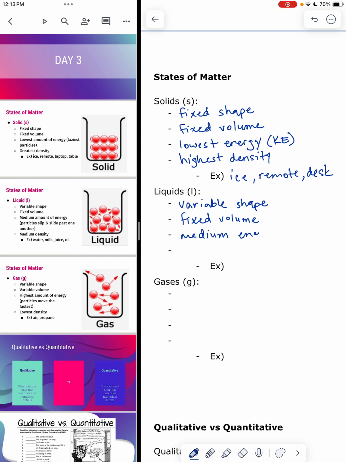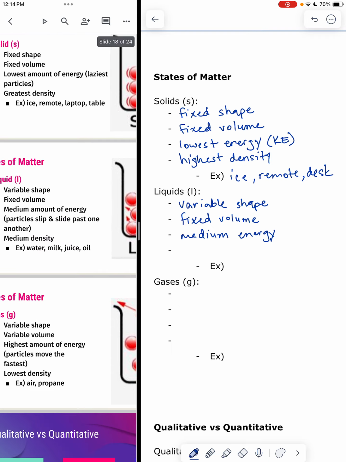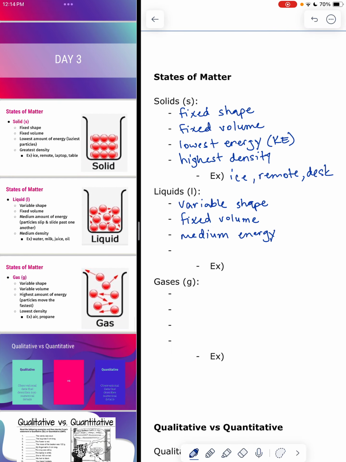Medium energy. Liquid is kind of in the middle. You could see particles slip and slide past one another. And then medium density. Examples, of course, all the liquids you can think of: water, milk, oil, so on and so forth.